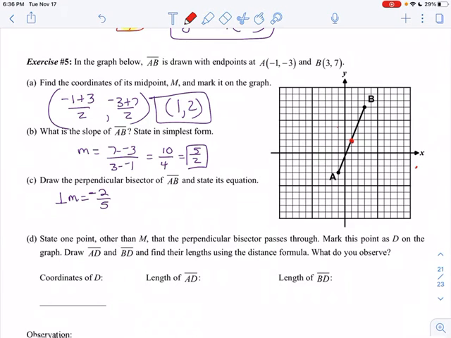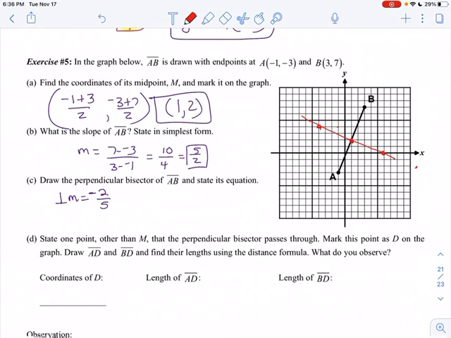That's my midpoint. And then I'm going to use that slope of -2/5. So I'm going to go down 1, 2, 3, 4, 5. And I'm going to go up 1, 2, 3, 4, 5. So this red line that I'm drawing is perpendicular and it bisects. It cuts it in half.